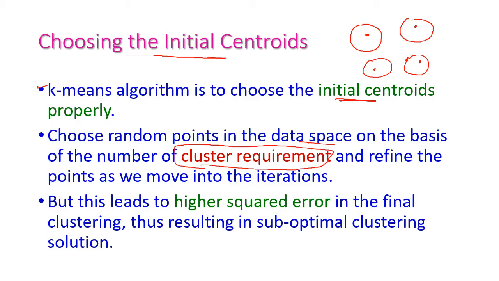If it is 4, then we select 4 different centroids and refine the points as we move through iterations. So in every iteration, the center point will get changed. That means if we increase the number of data points, then immediately we need to compute the new centroid. So according to the data points, the centroid will get changed. But this leads to a higher squared error in the final clustering, right?